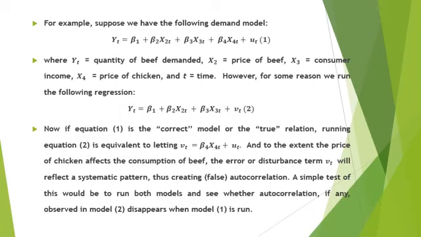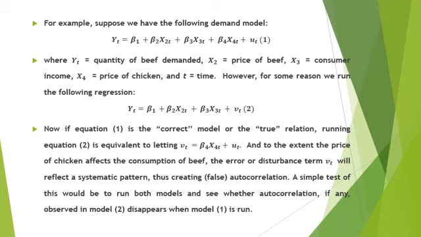Now, however, for some reason we run the following regression instead of the regression equation cited above, that is, Yt equals beta 1 plus beta 2 X2t plus beta 3 X3t plus vt. You see the difference between the two equations.